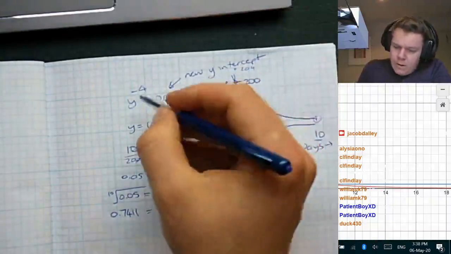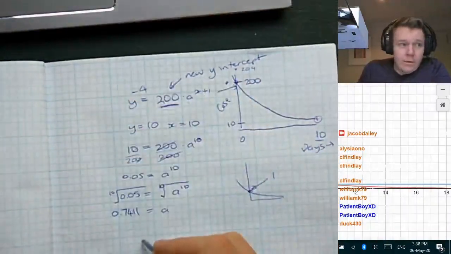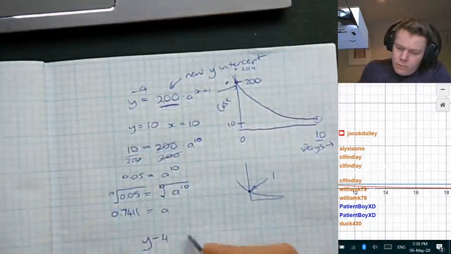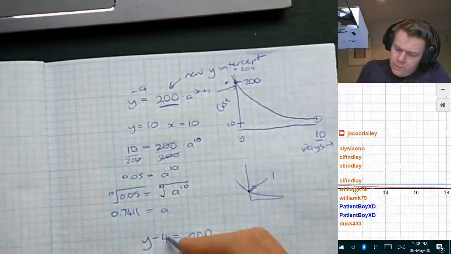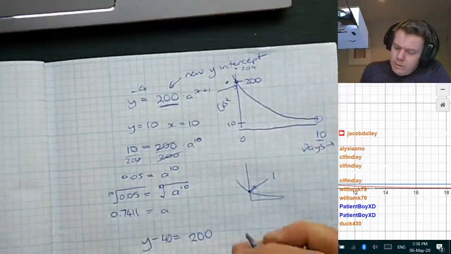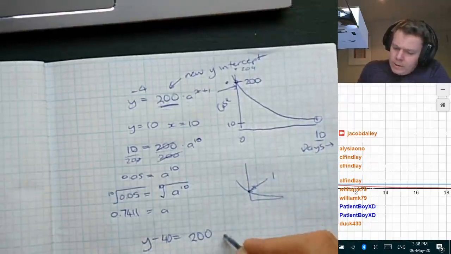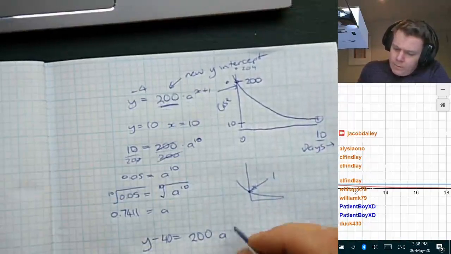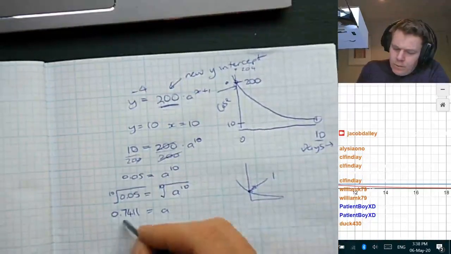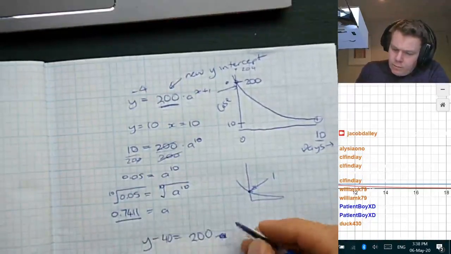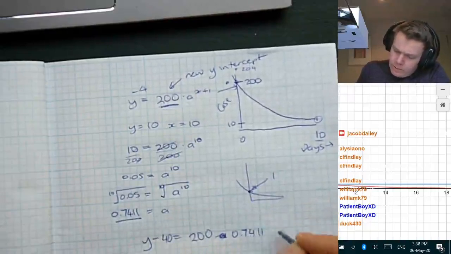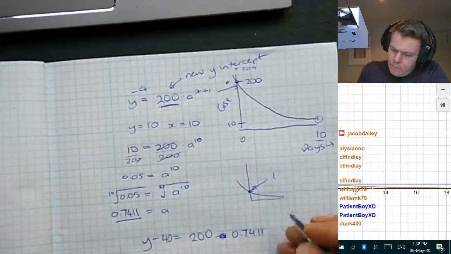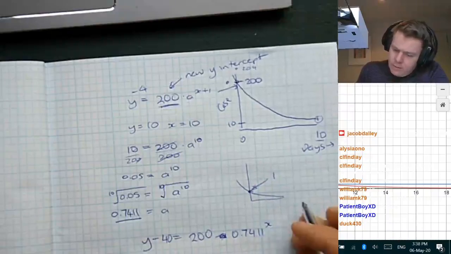So if you had your equation y - 40 equals 200, let's go 40 actually, so it's a bit clearer. What would happen to this graph? We'll use this 0.7411 x.